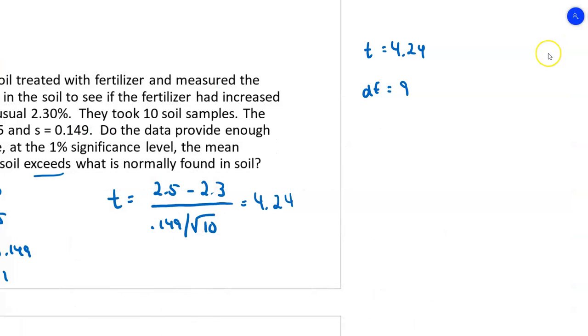Okay. What if I want to throw this on a calculator or like a StatCrunch or something to get a more accurate p-value? So I would do, under my vars, a TCDF. This one is right-tailed, so I would start with 4.24, 9 degrees of freedom, and I would go up to 10 standard deviations above the mean.